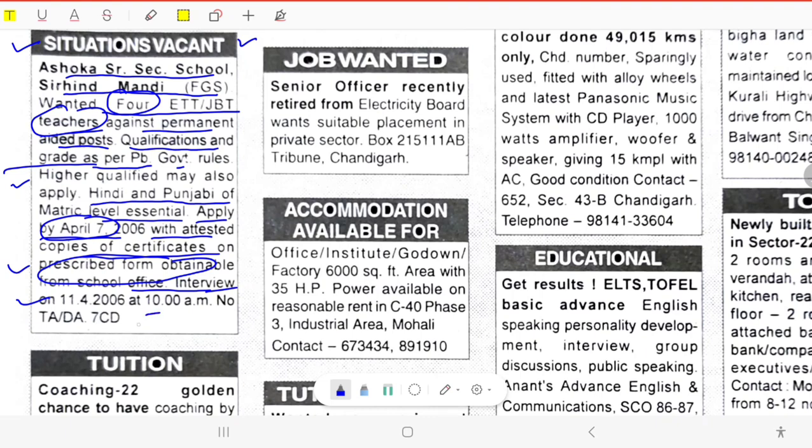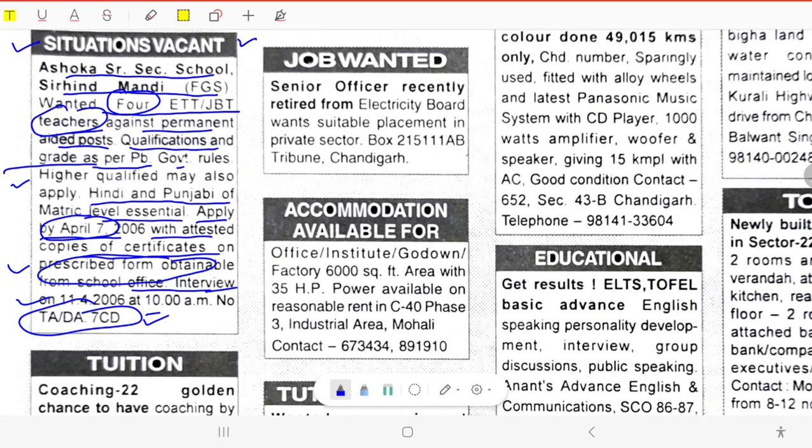This is further information that no TA/DA will be given. In some cases people demand TA/DA, meaning the person has come from far away, so he requires his transport allowance and daily allowance. So this is not given. This is further specified. Like this we write situation vacant.